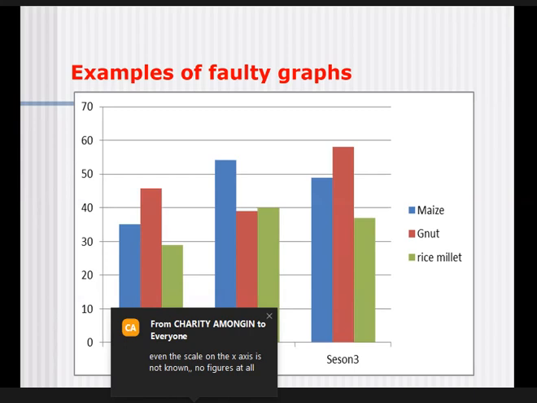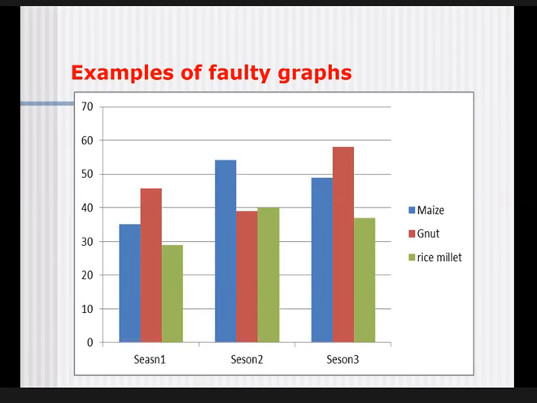And when you are drawing a bar graph, the first bar should be the tallest and the last bar should be the shortest. So you arrange your data set such that you get a graph that has the first bar as the tallest and the last bar as the shortest.